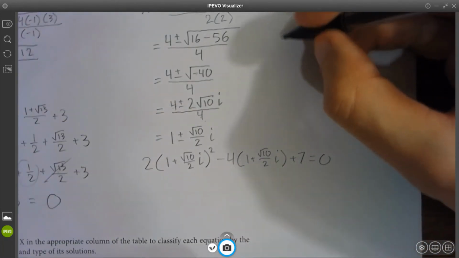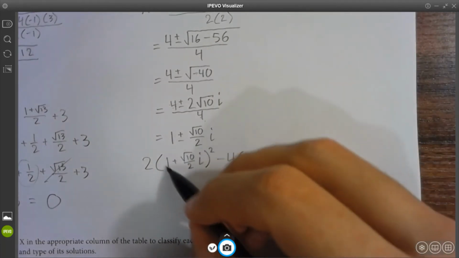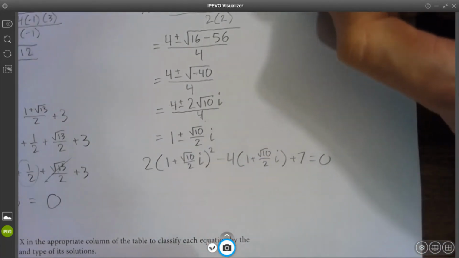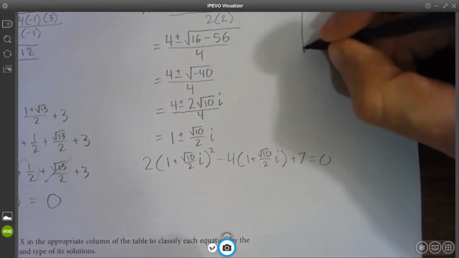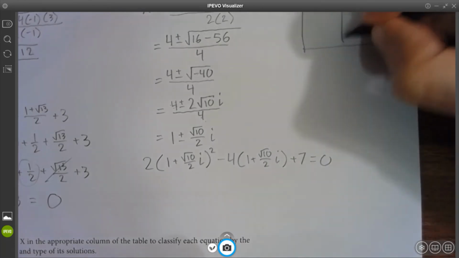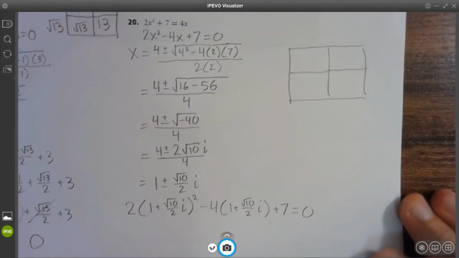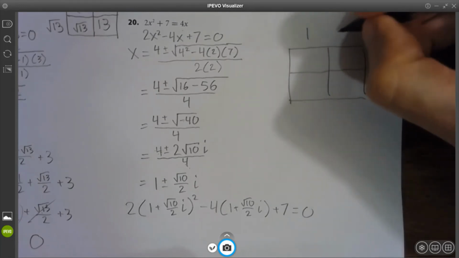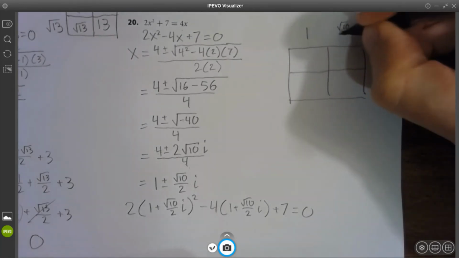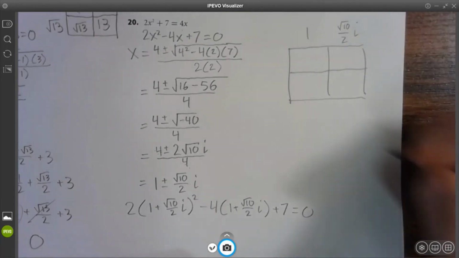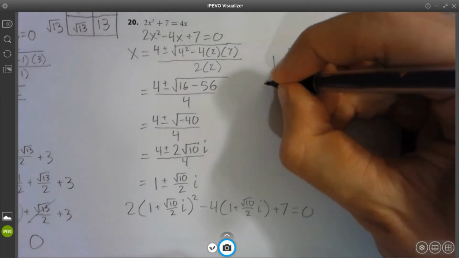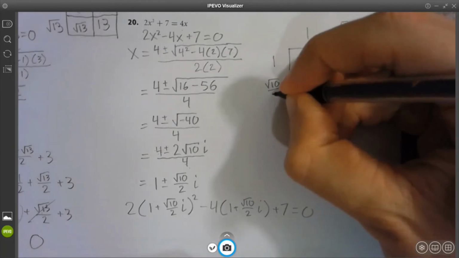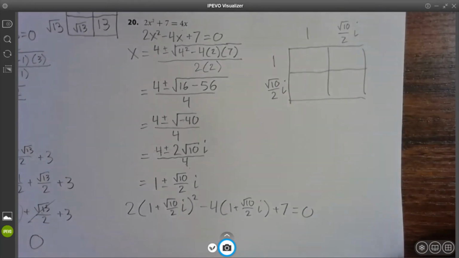So let's go ahead and box method this part. Oops, you can't see that. Here we go. 1 and root 10 over 2i, and 1 and root 10 over 2i.